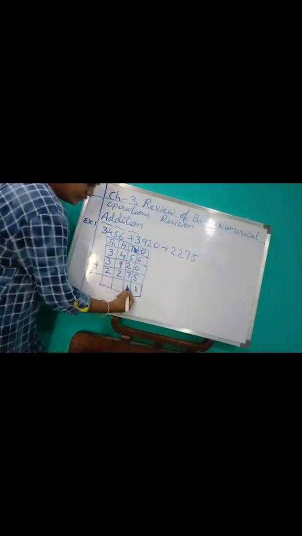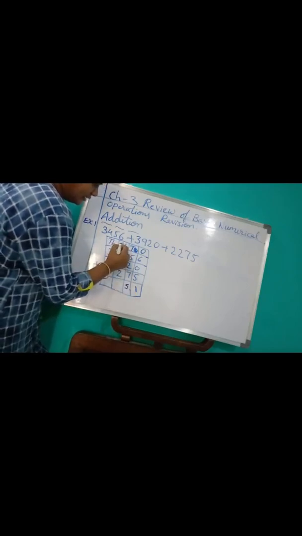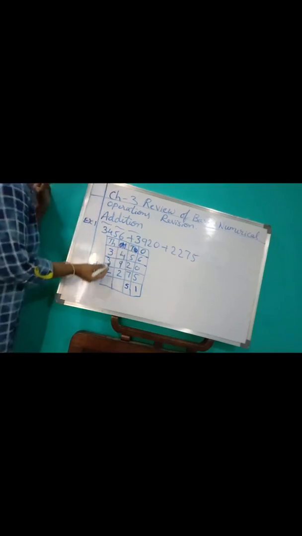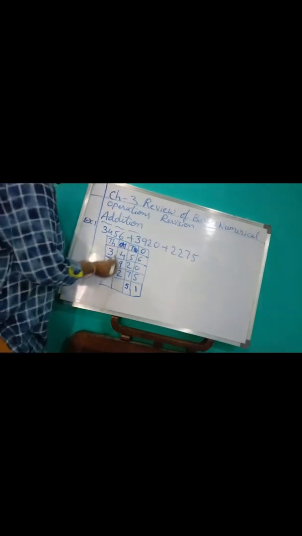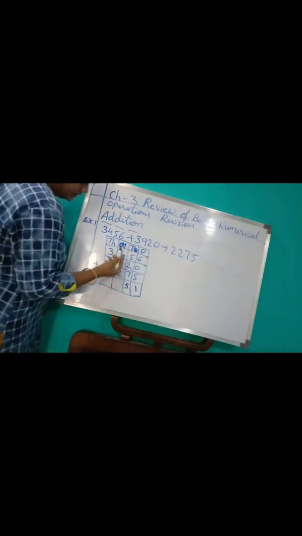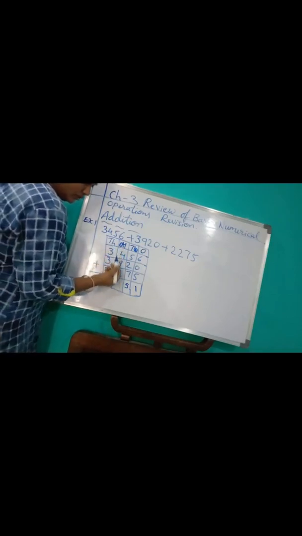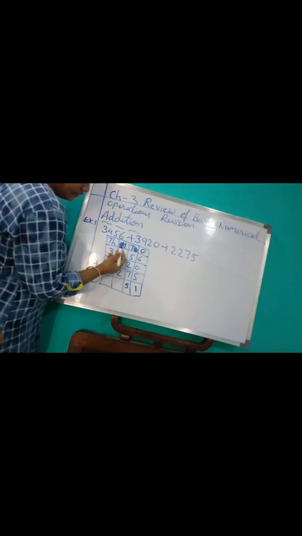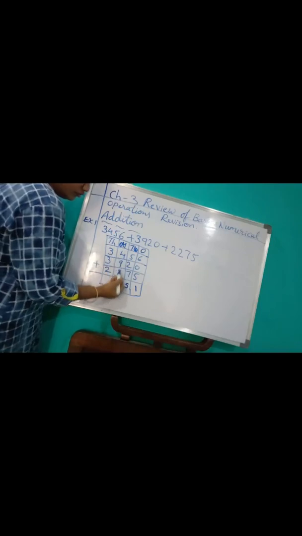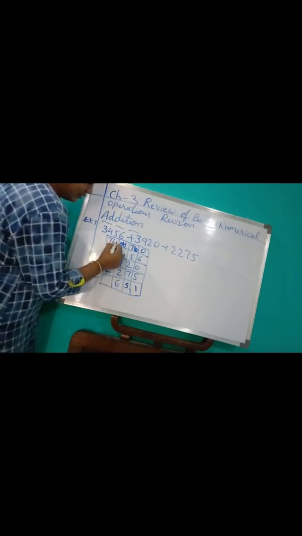15 means what you have to do? 5 here, 1 carry forward to the next place. What is the next place? Hundreds place. Yes, you should carry forward to the hundreds place. Next, again you should add these numbers 1, 4, 9, 2. 1 plus 4, 5. 5 plus 9, 14. 14 plus 2, 16. 6 here, 1 carry forward to the next place.